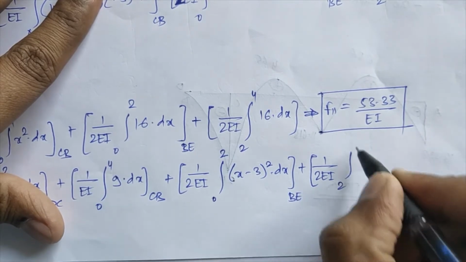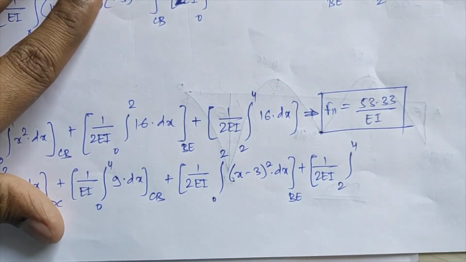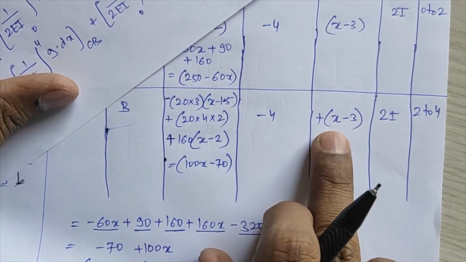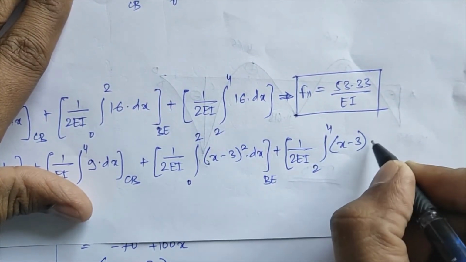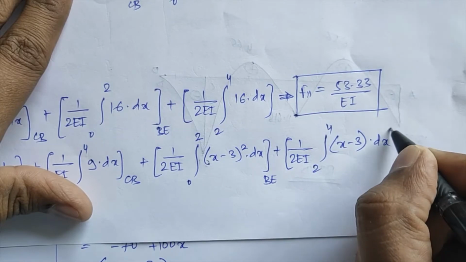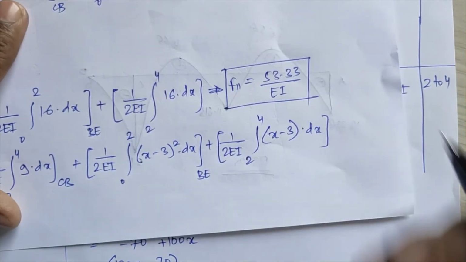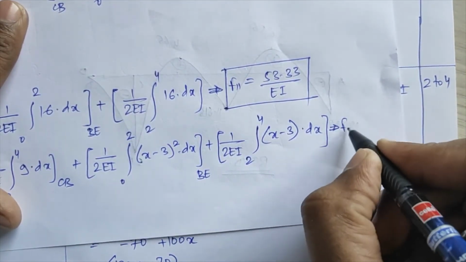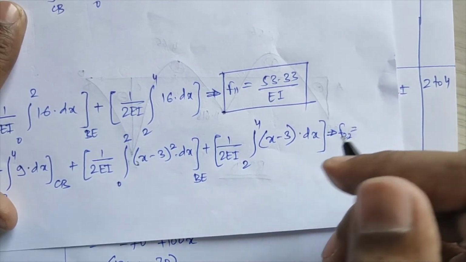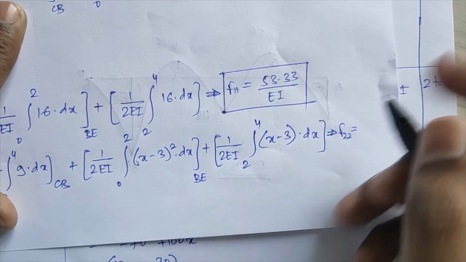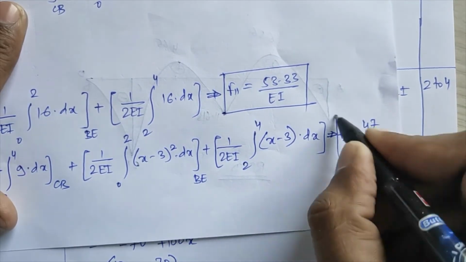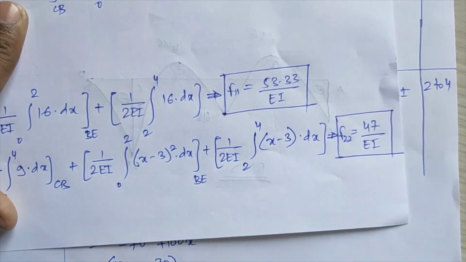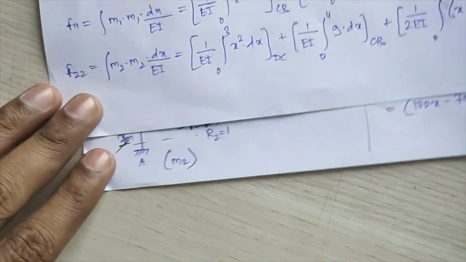For that again limits of integration are from 2 to 4, and for that you get the value x minus 3 square into dx. If you solve this, I have got f of 2 2 equal to 47 upon EI.